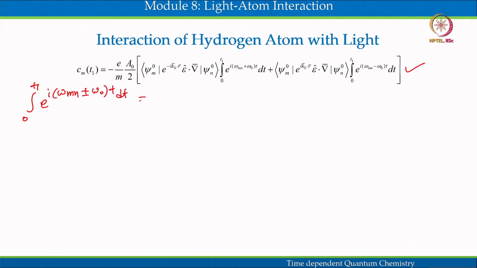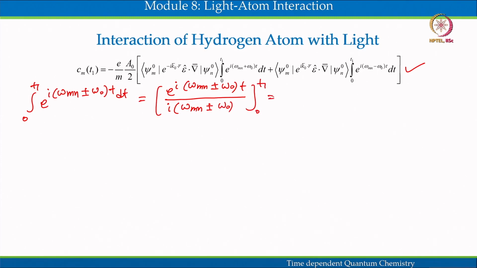If I do this simple integration, we have already seen this kind of integration before: e to the power i omega mn plus minus omega naught t divided by i omega mn plus minus omega naught. The limit is 0 to t1.